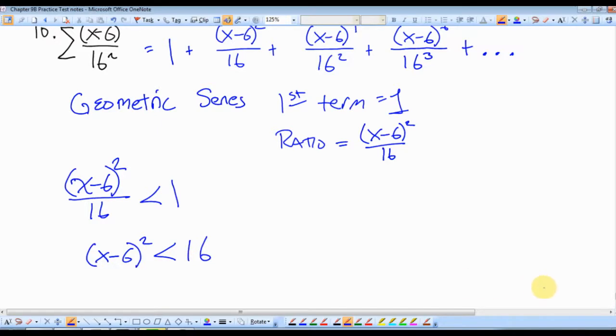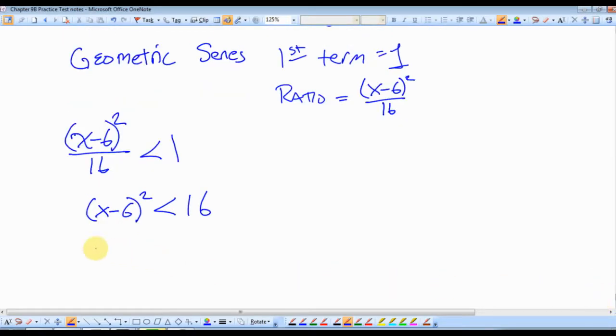So the absolute value of x minus 6 is less than the square root of 16, which is 4, giving me a center of 6 and a radius of 4, which wasn't always obvious, right?